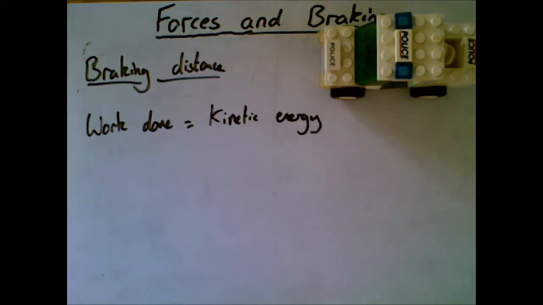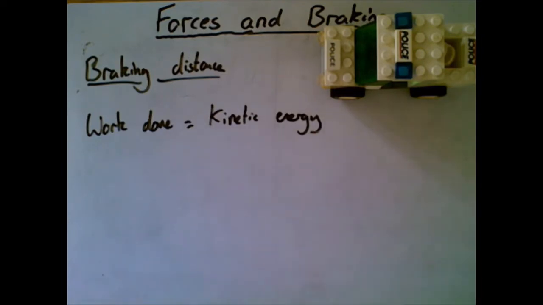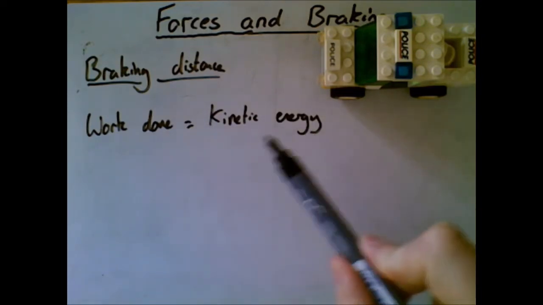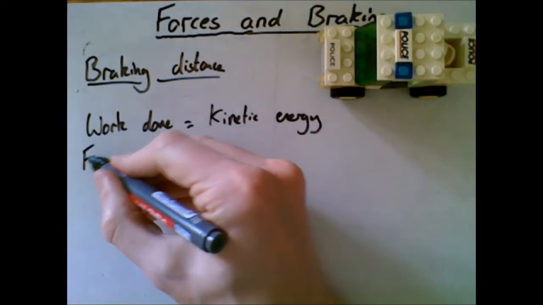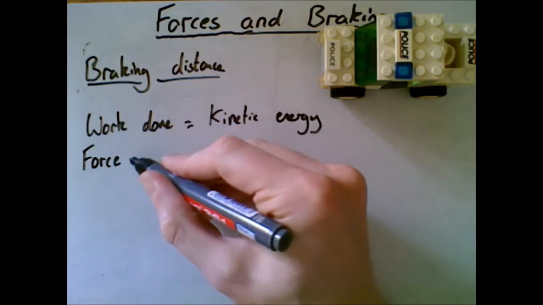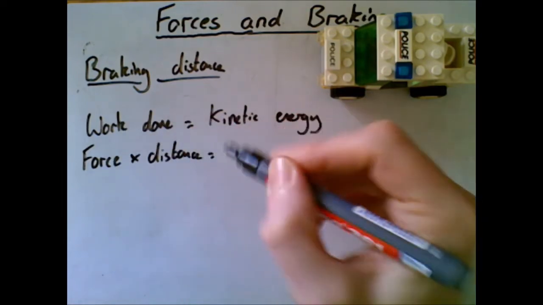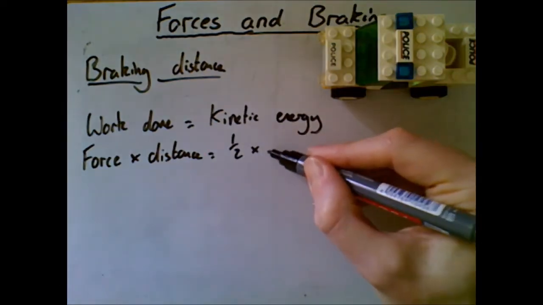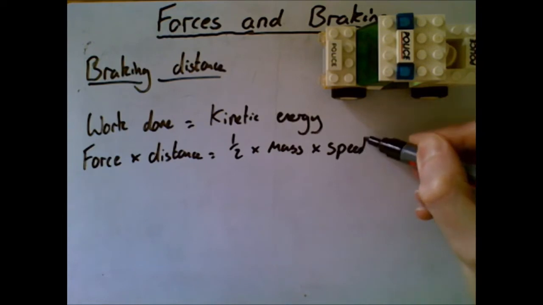Now, of course, we're thinking about braking, we're thinking about the braking distance. That's the situation we're thinking about. The work being done by the brakes while the braking force is being applied is transferring the kinetic energy that the car had. So if we actually put here our equations in, work done was force times distance, kinetic energy, half, times mass, times speed squared.